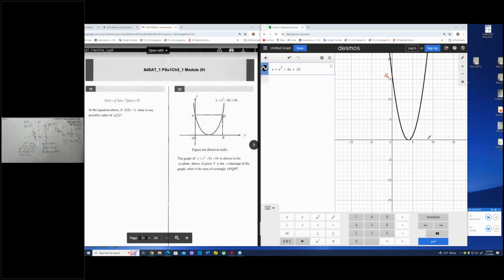And the value of this one is this line. So this is 8. So this side is 8, and this side is 16. To find the area of this rectangle, just multiply 8 times 16. That's it.